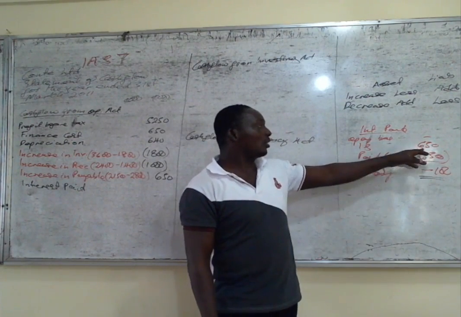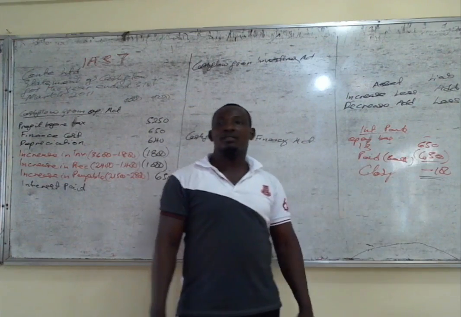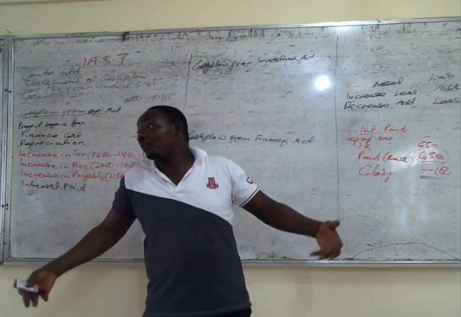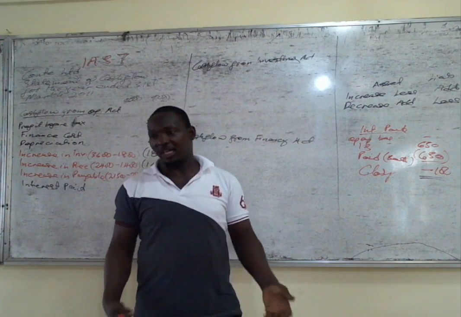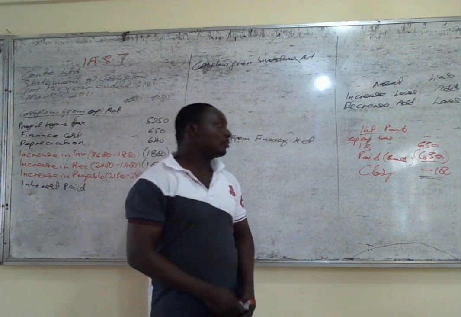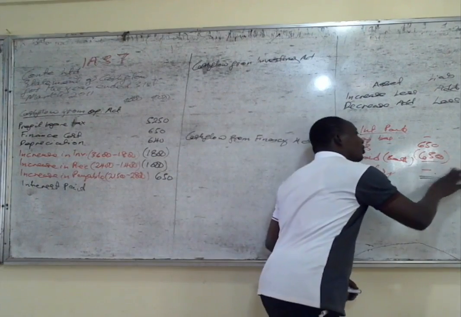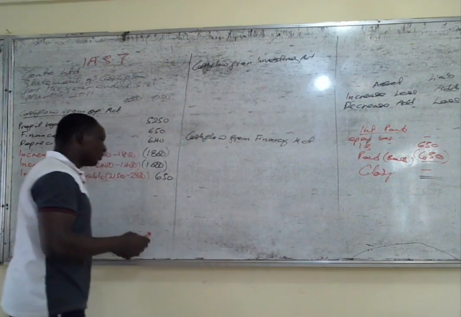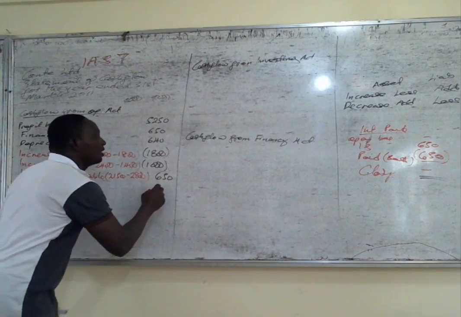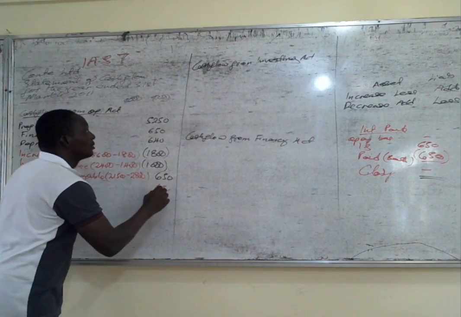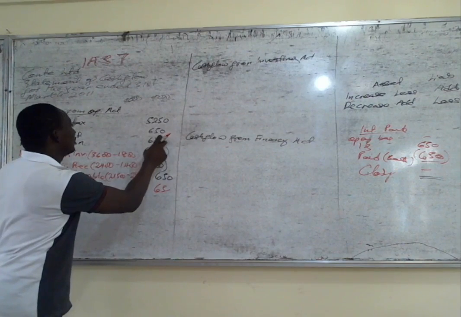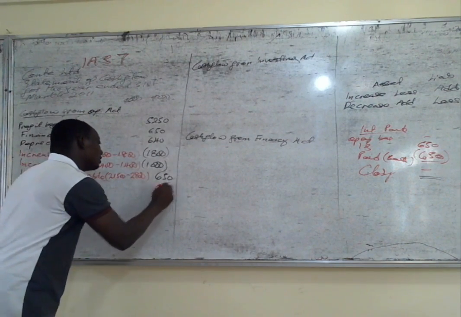If it is all the 650 there, it means that we didn't pay for a year. So it depends on how the question comes. But this one, there is no closing balance, so it means that all of it has been paid. So they say 650, right?